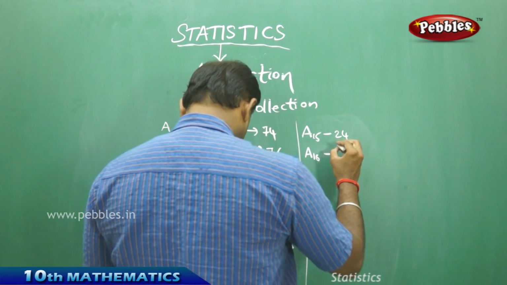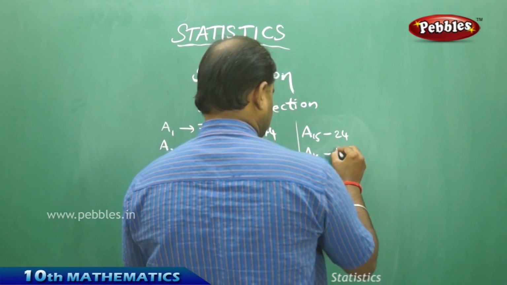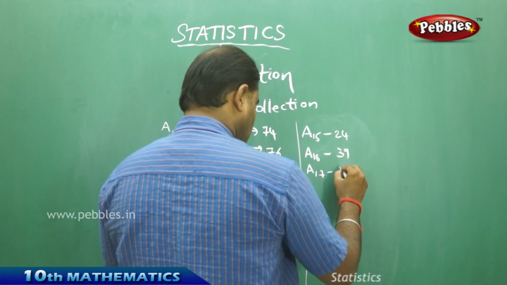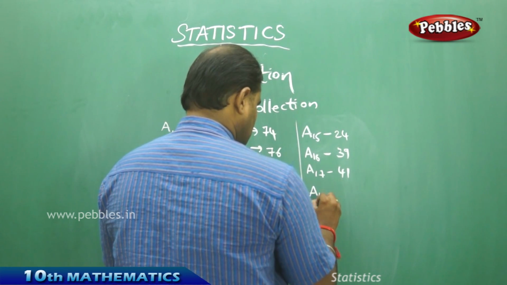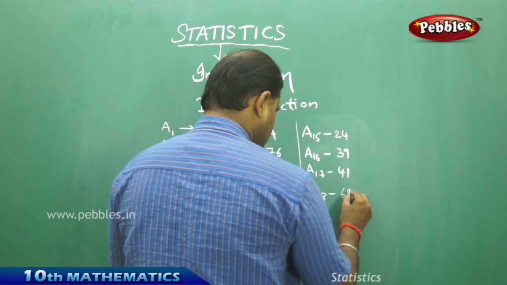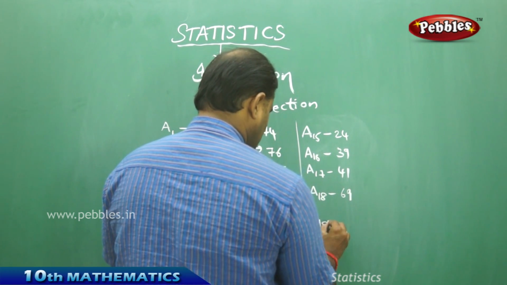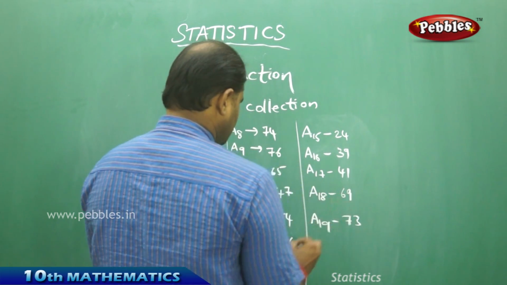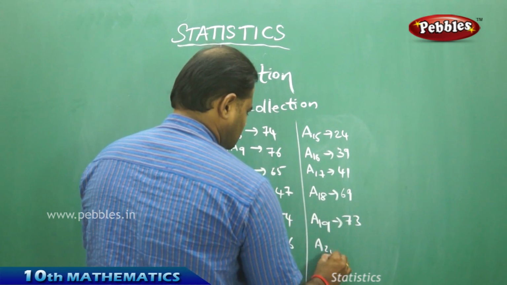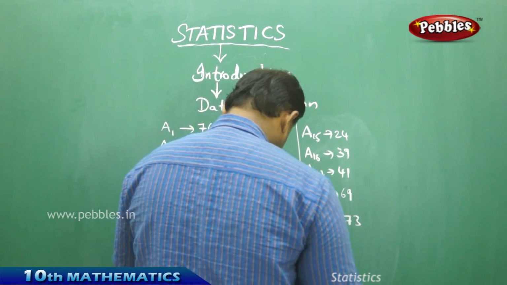and A16 which is 39, A17 which is 41, A18 which is 69, A19 which is 73, and A20 which is 94.